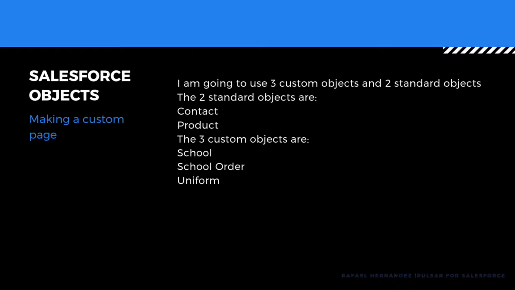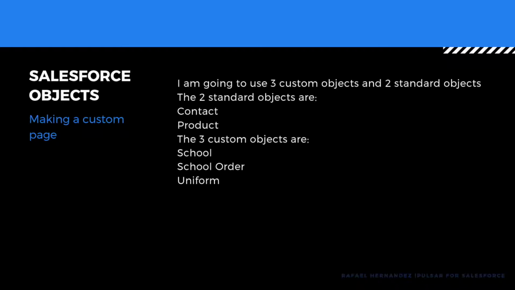The school order represents, like its name says, every order made by a school. It's all the uniforms that the school wants. There is gonna be a relationship between these two objects, but I'm gonna show the relationship diagram later. And the uniform is like a middle object between the school order and the school, and even the product.